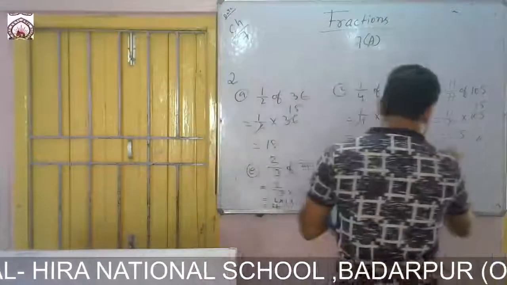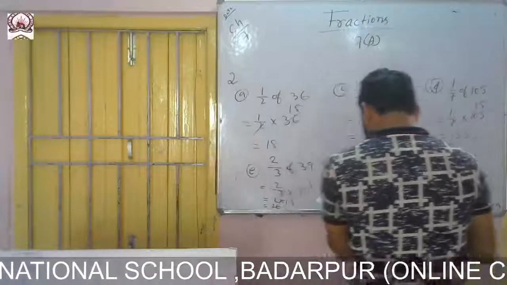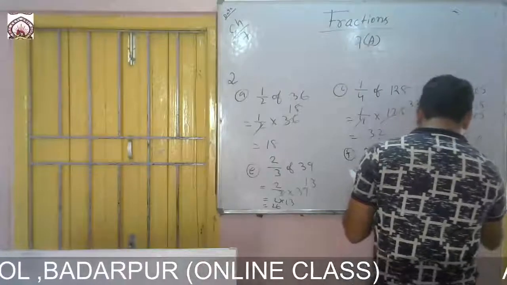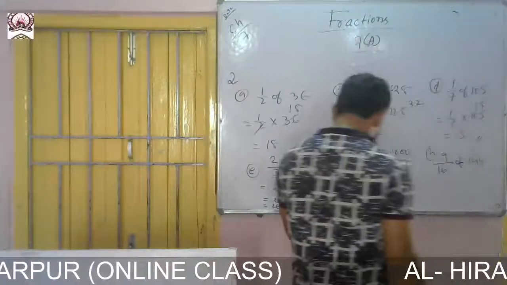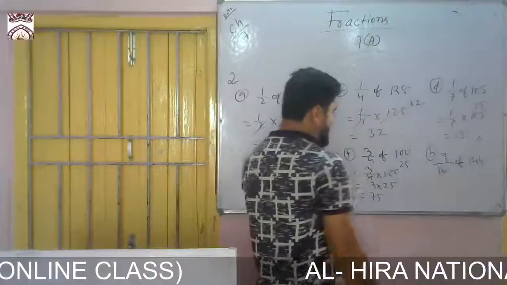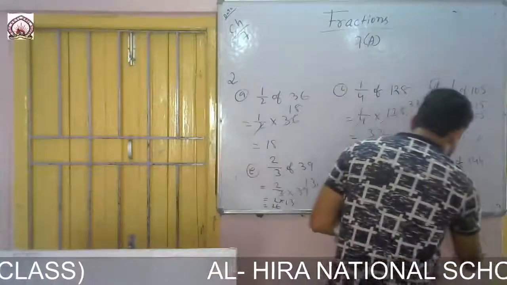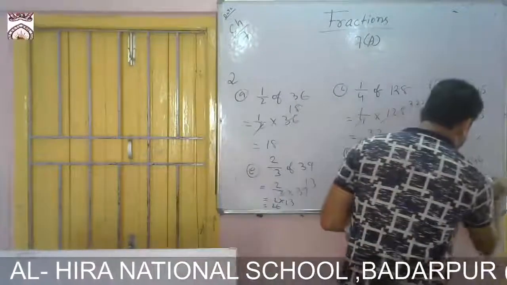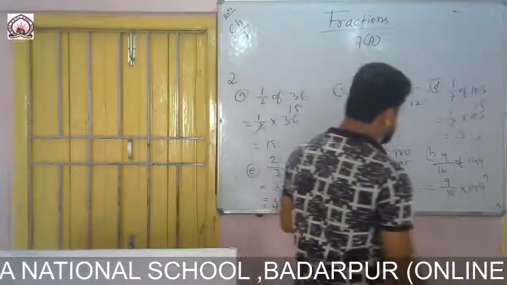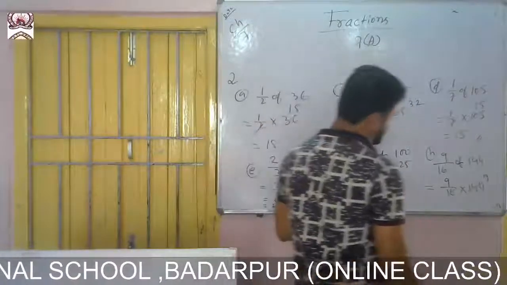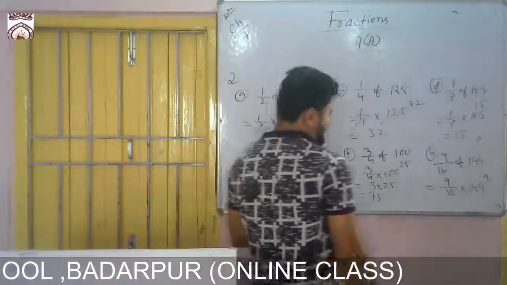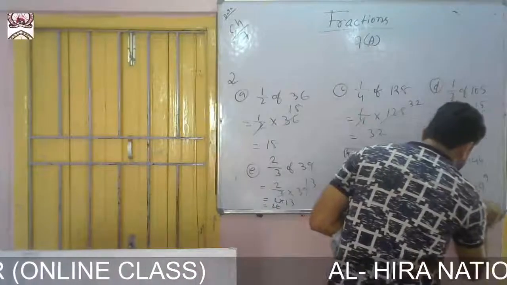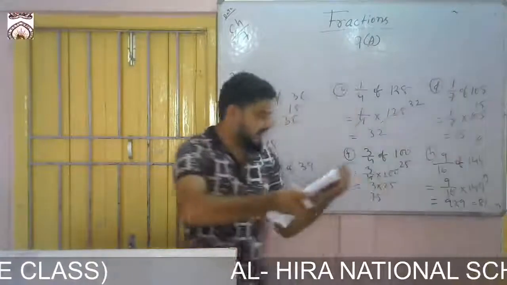Now come to question number 8. 9 by 16 of 144. So 9 by 16 into 144. So 16 9s are, I think, 144. Yes. Now 9 into 9 is 81. So 81 is the answer.